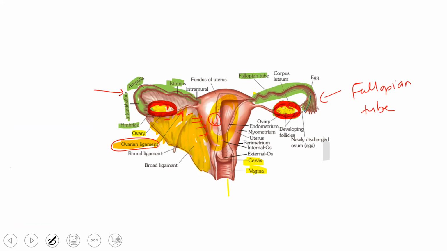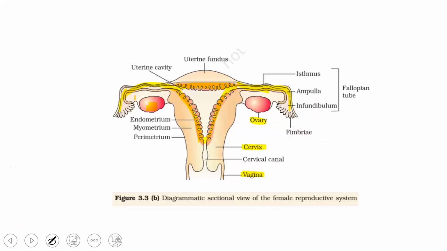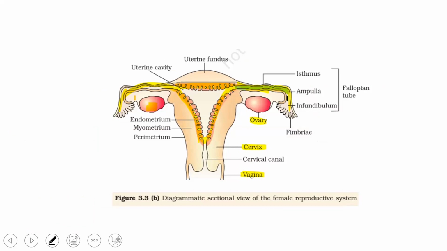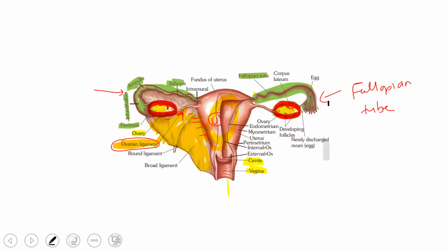You can see in the same sort of diagram that this entire part is in contact with what we call the oviduct or fallopian tube, and the three parts are mentioned over here. Got it? So we are talking about those parts.